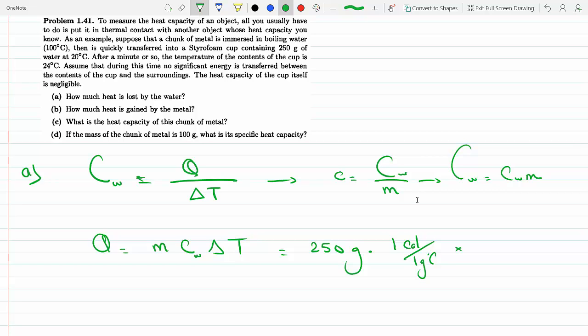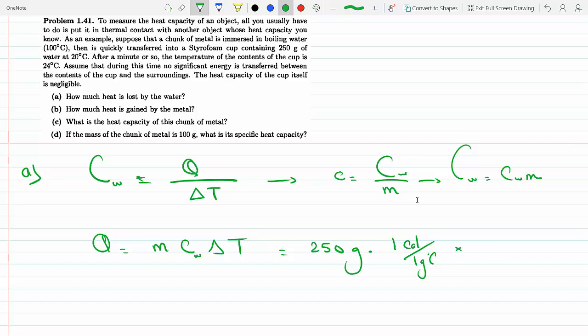Because I don't have enough information about the boiling water other than its temperature, I could use the change in temperature of the water in the styrofoam cup to figure out how much heat was gained by that water, and that would be the same amount that was lost by the boiling water to the metal.